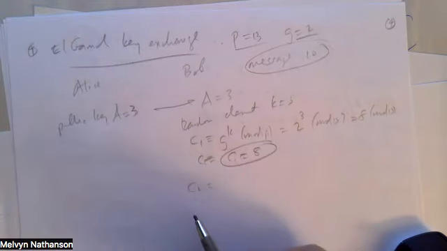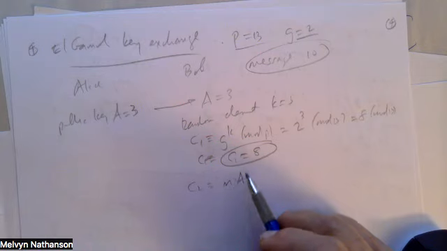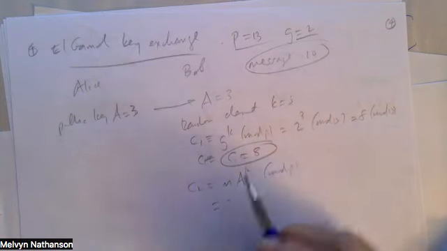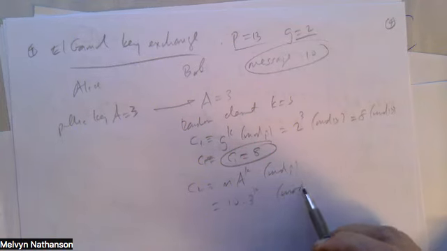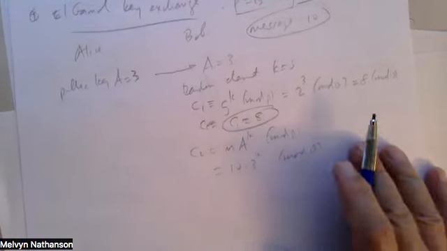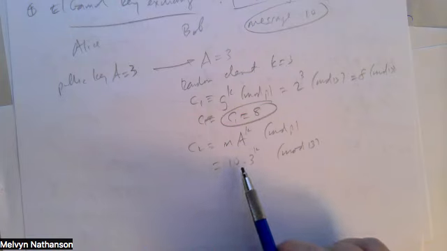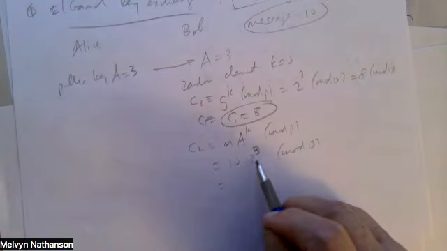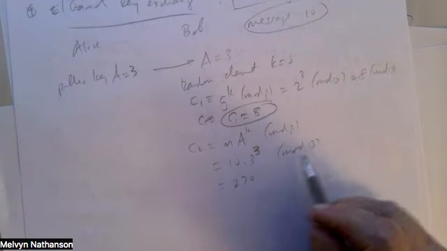C2 is going to be M times A to the K mod P. His M is 10, A is 3 and K is 3. So this is mod 13. So the number C2 that Bob calculates is 10 times 3 cubed, which is 10 times 27, or 270. 260 is divisible by 13.